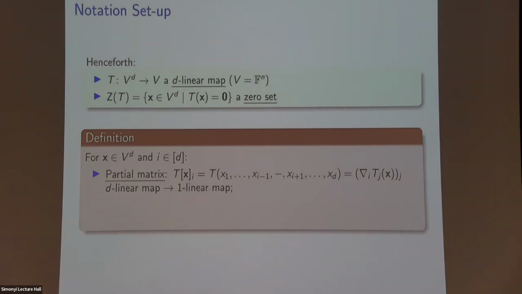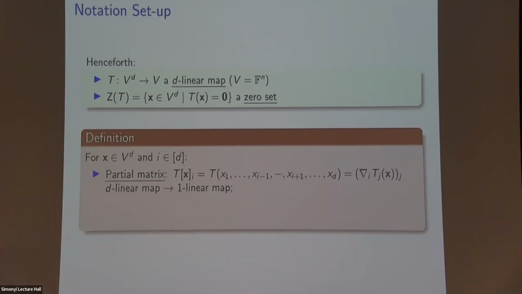So if you take your tensor, and let's say you fix a point, every point has components, and you fix an index. Then you can think of your D-linear map as a matrix if what you do is you plug in the point X, except in the i-th coordinate, you just leave it as a free variable set.